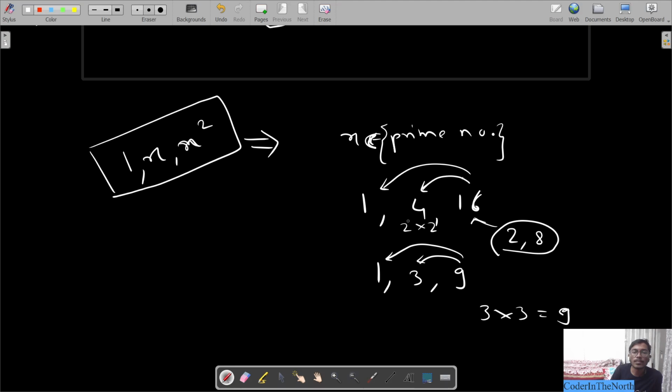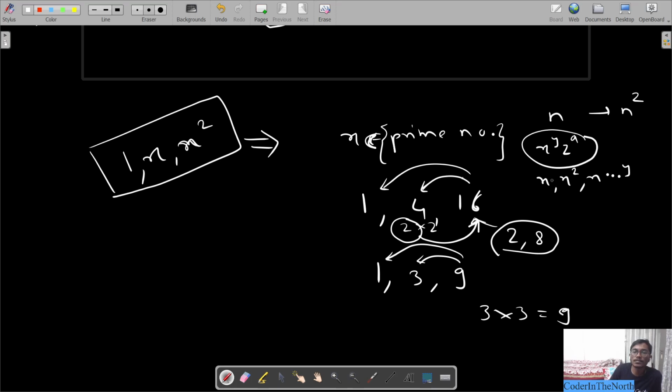So the prime factors of that number will also be divisors of its square. If a number n can be represented as x raised to y and z raised to a, and we have another number n square, then x, x raised to 2, up to x raised to y, and any combination of these, like x into z, or x raised to 2 and z raised to a, will also be divisors of n square.